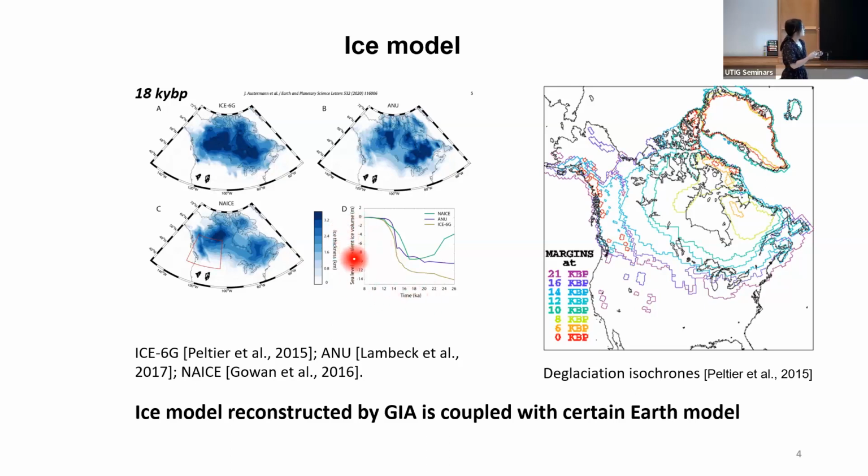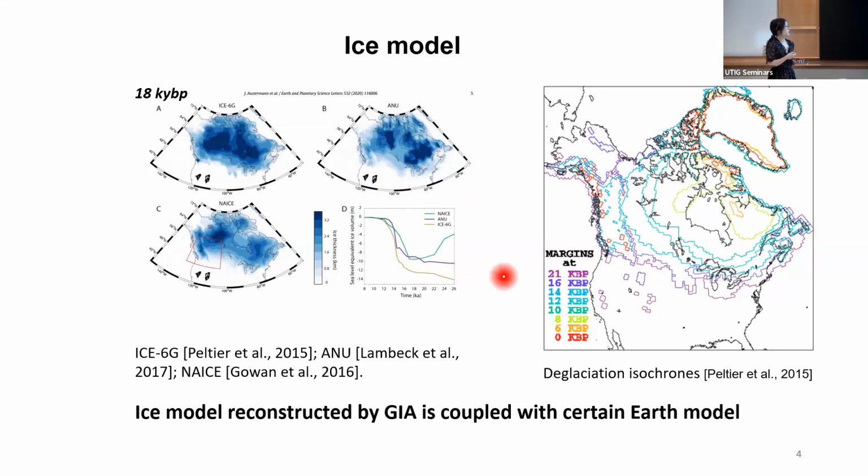At present day they are consistent, because they are relative to the present day. But if we go back to the Last Glacial Maximum, they differ a lot. So this makes us think about how they reconstruct those ice height models.